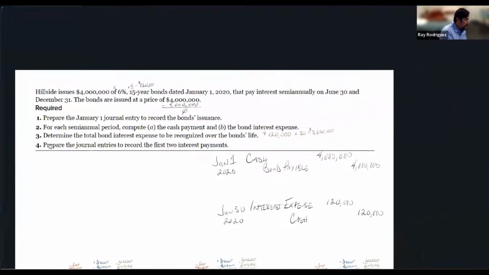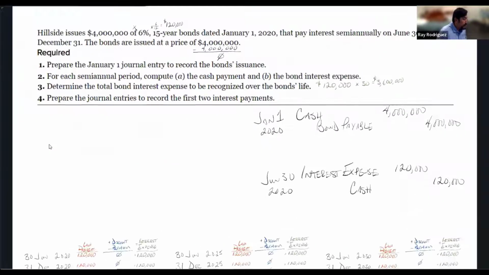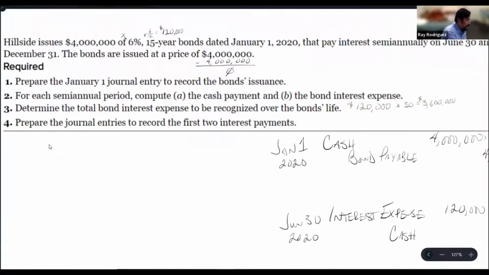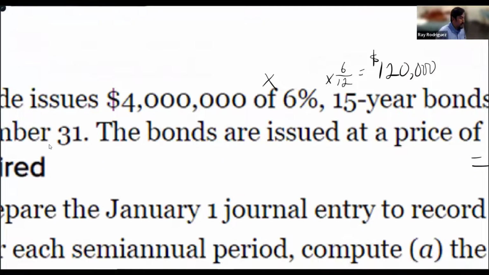Next, for each 6-month period, compute the cash payment and the bond interest expense. I did that up here. $4 million face value times the 6% face rate times 6/12, half a year, every 6 months.